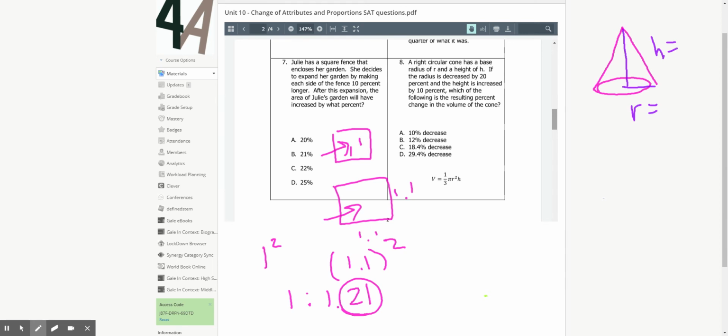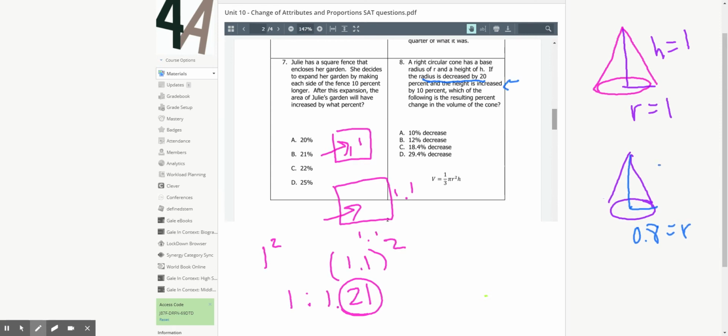If the radius is decreased, so if we make this 1 and this 1, and then we draw another cone, you draw a triangle and then a circle underneath it, you'll have a cone. And we have a radius and we have a height. So this says the radius is decreased by 20%. So if I decrease 1 by 20%, I get 0.8 equals R. And the height is increased by 10%.